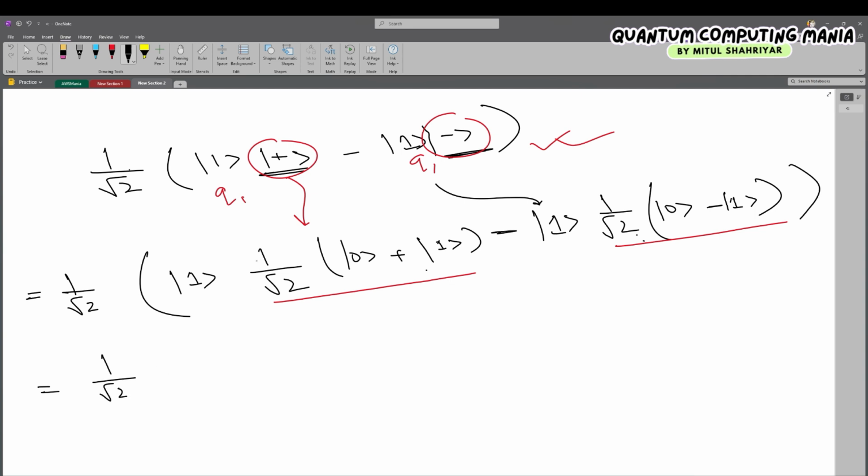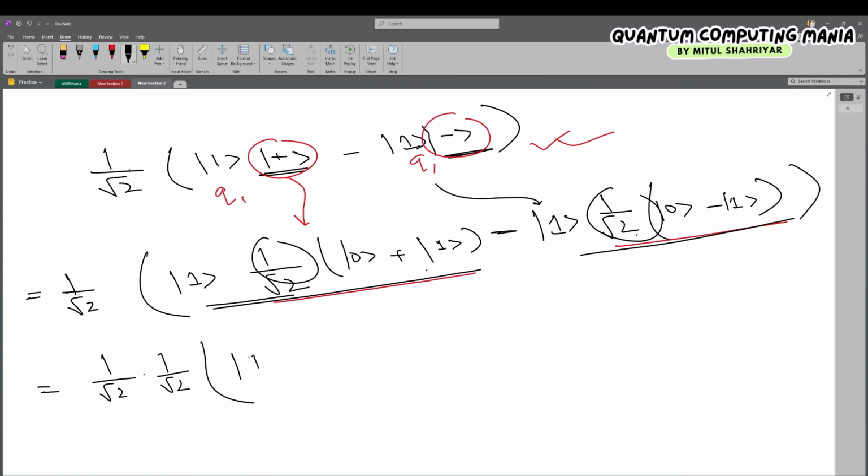If we take the common factor, this is one portion and this is one portion, so everywhere we have this one, we take it outside and it should be 1 by root 2, no problem. And then inside we'll have 1 multiplied to 0 and this, so we just write it down.